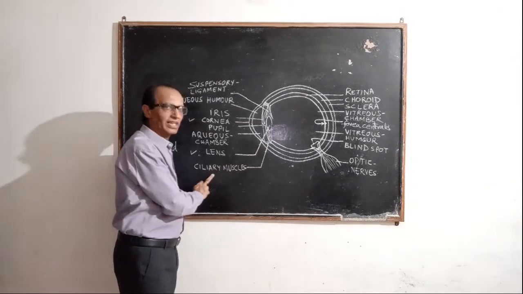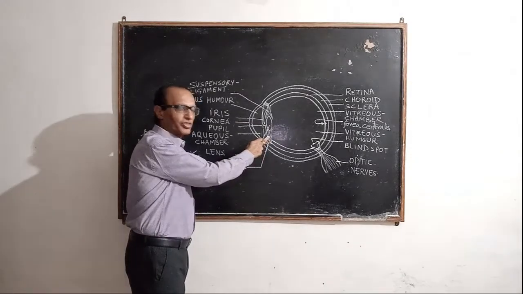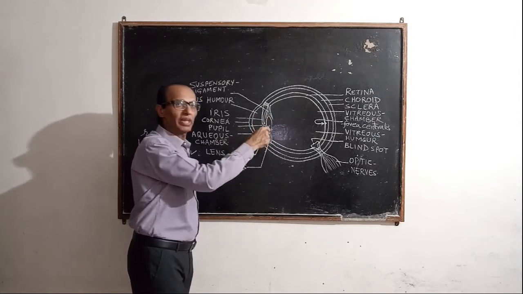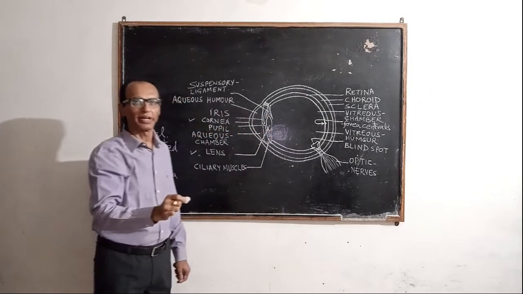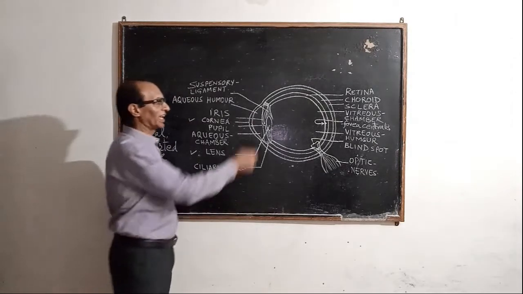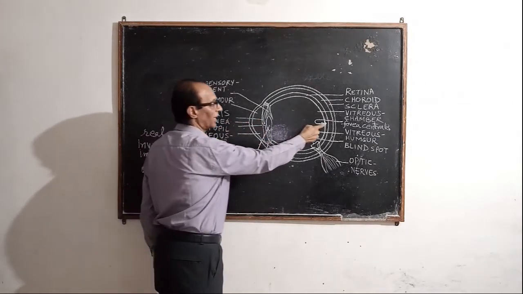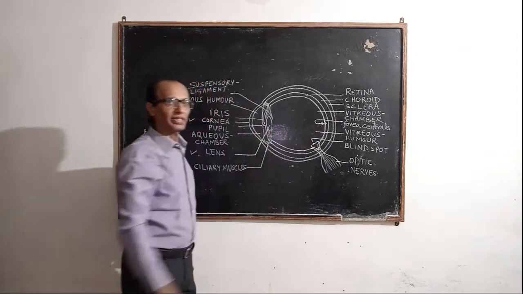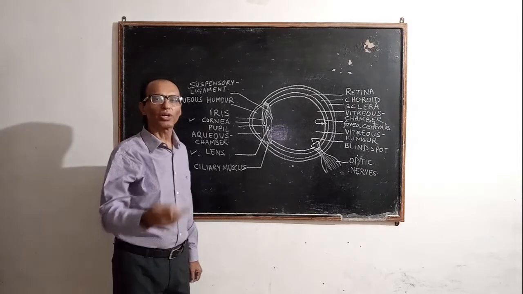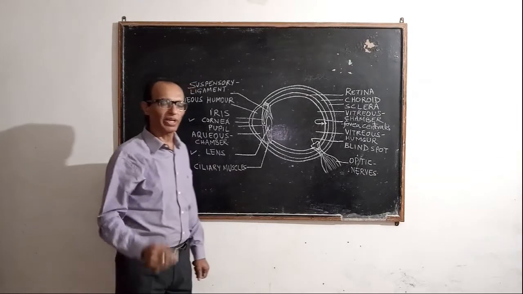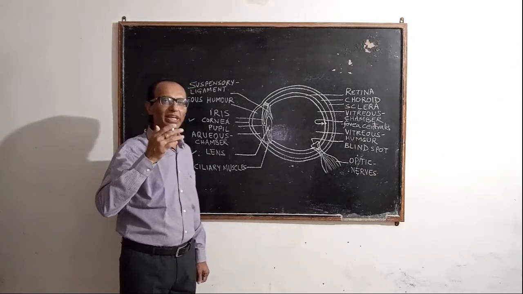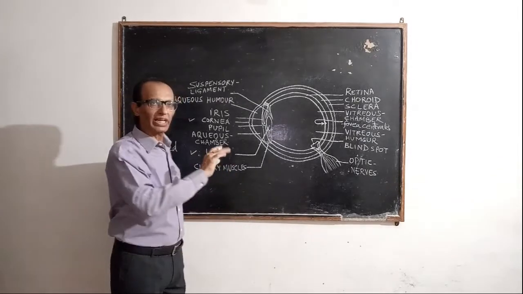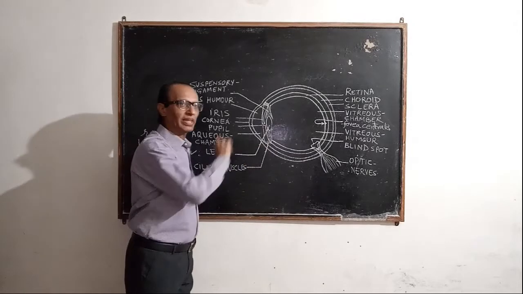So when the ciliary muscles relax, the suspensory ligament will contract. That will pull the lens from top and bottom, and the lens will become thinner. As the lens becomes thinner, that will increase its focal length, and the image of a distant object will be formed on the retina, and you will relax. Within a short while, whatever strain was developing on the eyes or on the temporal region will subside.